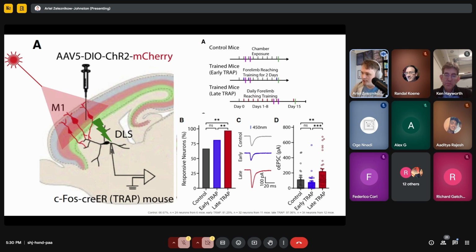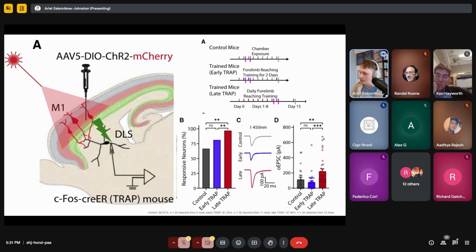And what I find fascinating is just how responsive these DLS neurons are to M1 stimulation. So even in the control mice, it seems like 60% plus of the neurons show these postsynaptic currents when you shine the light on the M1 neurons, going up to basically 100% of neurons in the late trap mice. So that's on the left. In the middle, you can see the strength of these current flows.